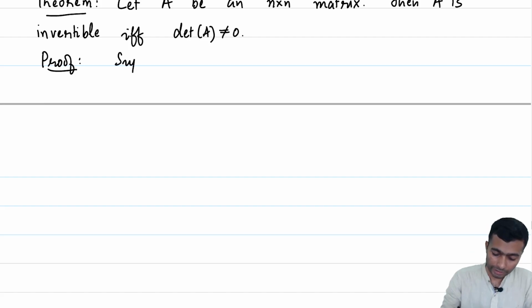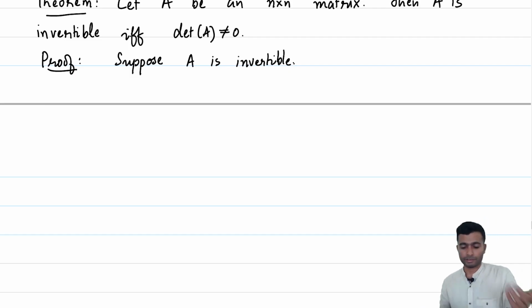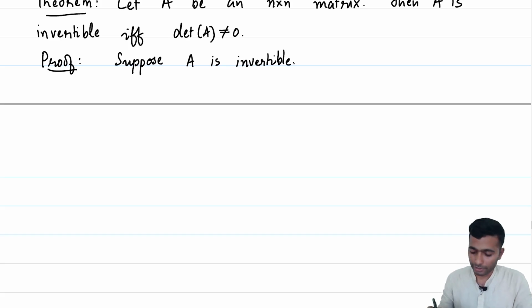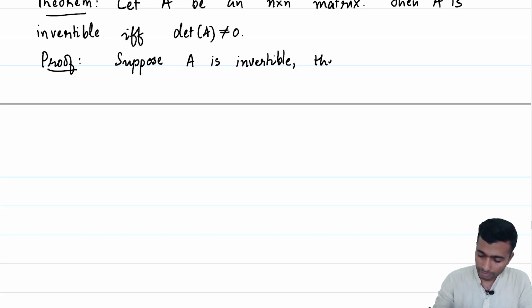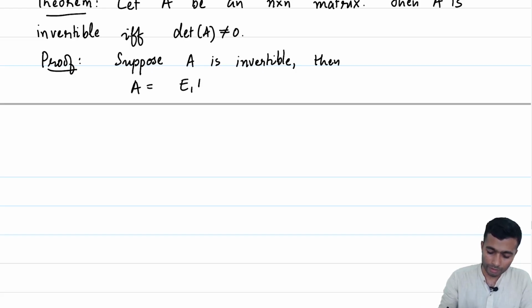So, suppose A is invertible, then result from the previous video tells us that A can be written down as a product of elementary matrices. Then A is equal to E1, E2, dot dot dot Ek times the identity.